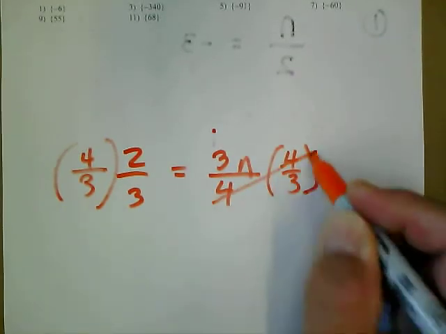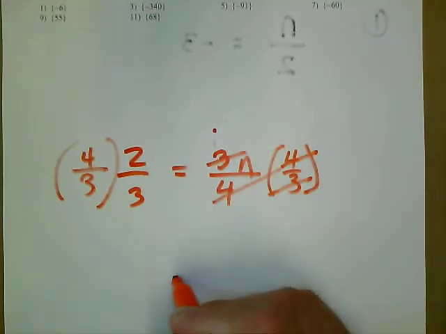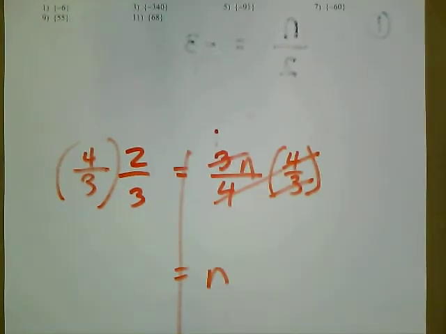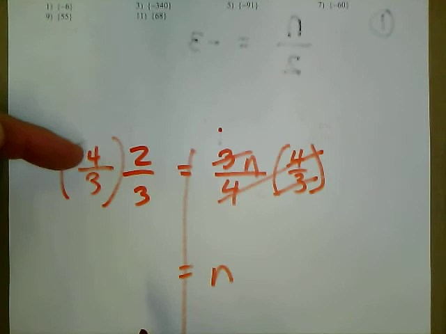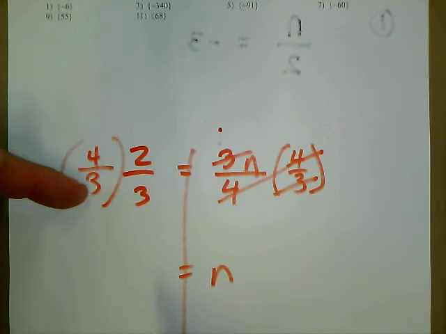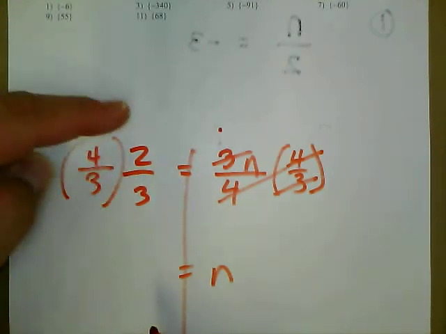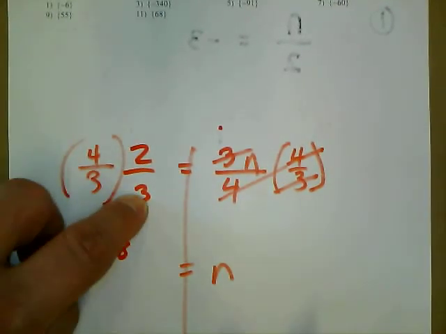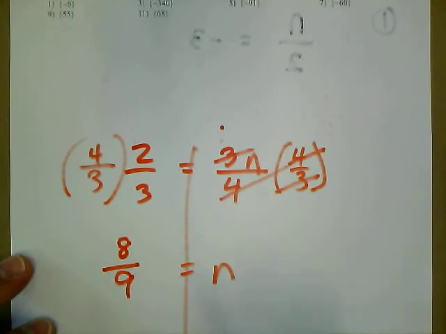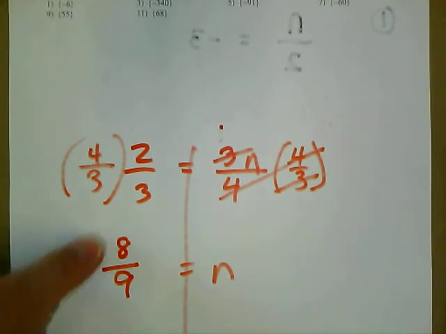Our 4s are gone, our 3s are gone. That leaves us with our n. But over here, we have to deal with a fraction. If you have a fraction calculator, you simply take 4/3 times 2/3. If not, I'm going to do 4 times 2, which is 8, and 3 times 3, which is 9. This won't reduce, but that's my answer.